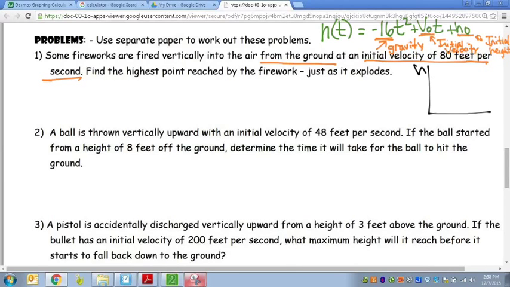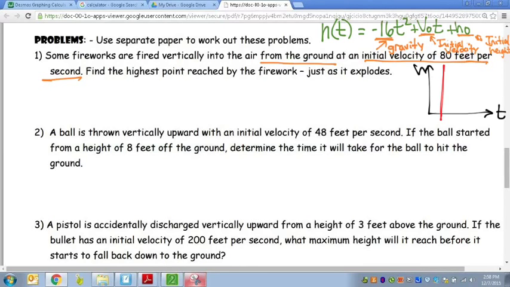So most students think, okay, we'll make the y-axis h and the x-axis t. Most students think, oh, it's launched from the ground, so it's just going to go up and then come down, and it's going to be a straight line. But in my graph, remember, time has to increase. As the height goes up, time has gone by. It goes up in the air for 1 second, 2 seconds, 3 seconds.